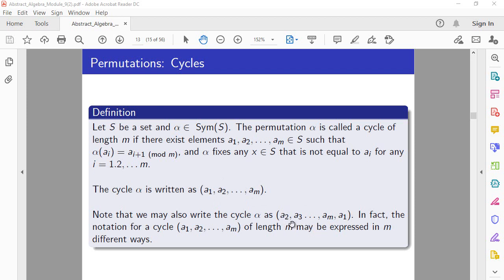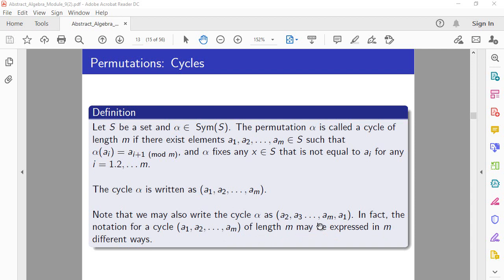Notice that this cycle here is the same as this cycle here. As permutations, they are the same. Why? Because if you look at it, a1 goes to a2, a2 goes to a3, a3 goes to a4, up to am, which is exactly the same as here. In fact, the notation for a cycle of length m may be expressed in m different ways.